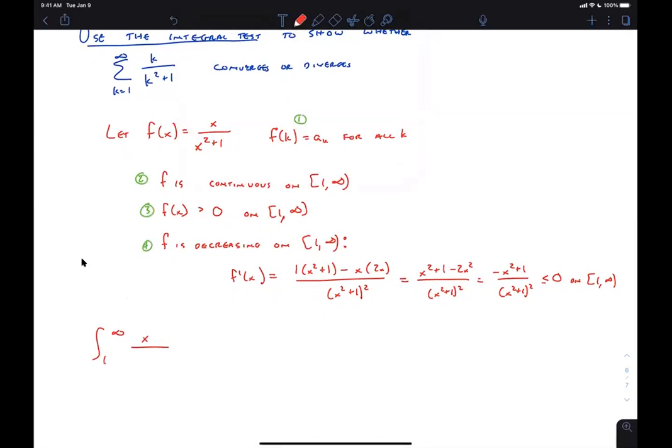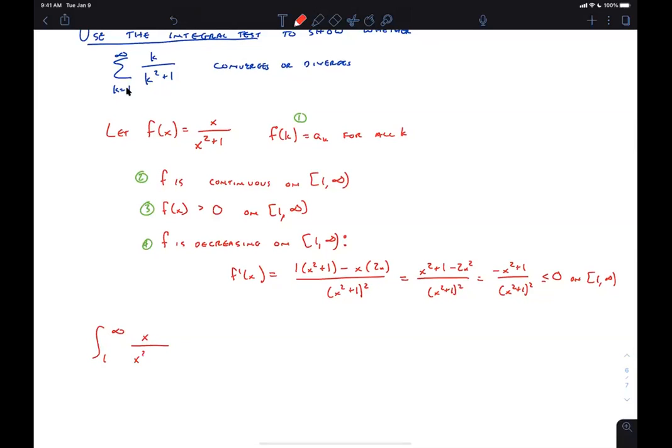And so you do the integral from whatever this is to infinity. So here, 1 to infinity of x over x squared plus 1. That is the limit as r approaches infinity of the integral from 1 to r of x over x squared plus 1.